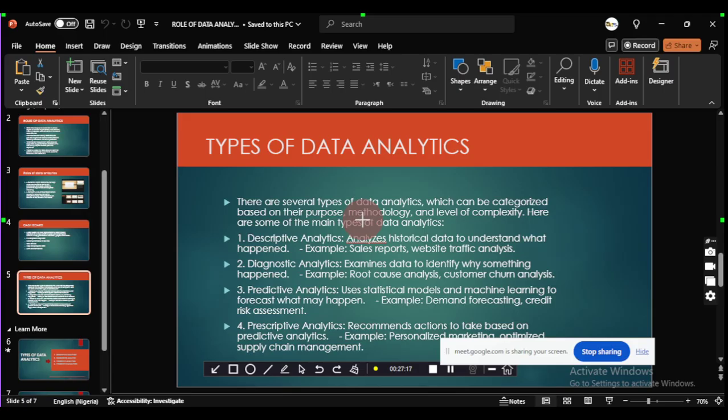Let me just show you the introduction to Microsoft Excel. I think I have it here.